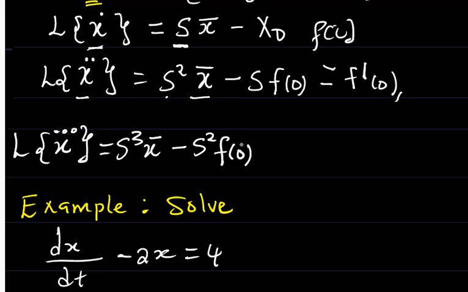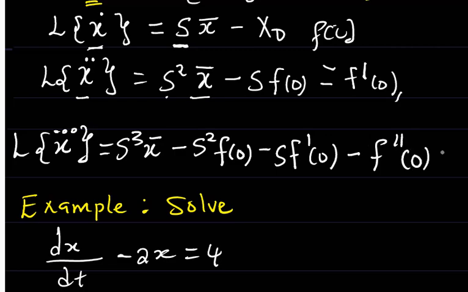Then the s square reduces to s, then this increases to f prime of 0, as you can see. Then the s raised power 1 reduces to s raised to power 0, which is 1, then this increases to f double prime of 0. So please take your time and look at the pattern that is developed. That way you will be able to remember it.